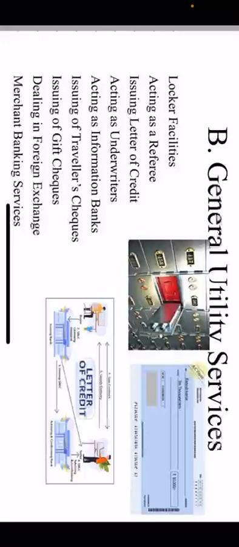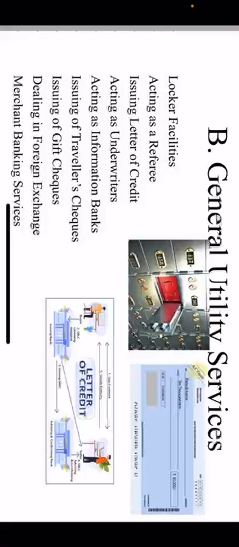Not even the bank can open your locker in your absence. Basically, you'll be given a key, and the bank also will have a key along with them. When both the keys are inserted into your locker, only then does the locker open. So it's very secure to use the locker services provided by the bank.